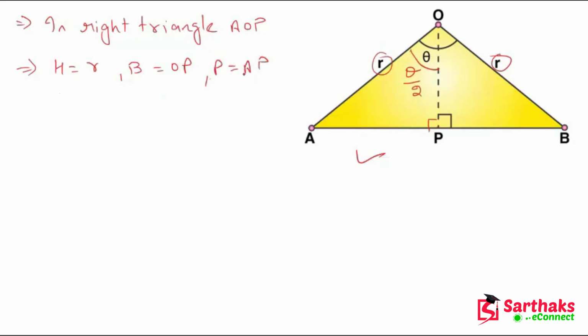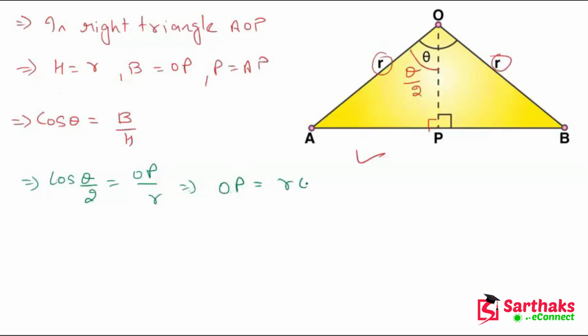Now we know that cos theta is equal to base upon hypotenuse. In this case the angle is theta by 2, so we can write cos theta upon 2 equals base OP upon hypotenuse R. So OP is equal to R cos theta upon 2.